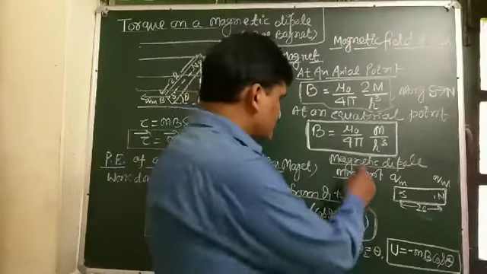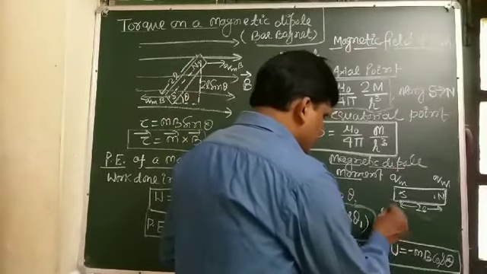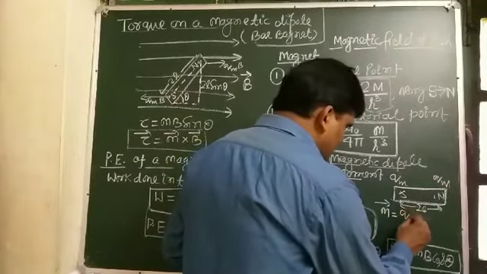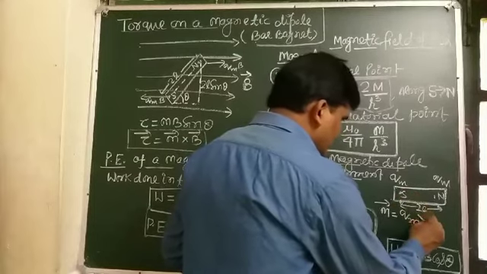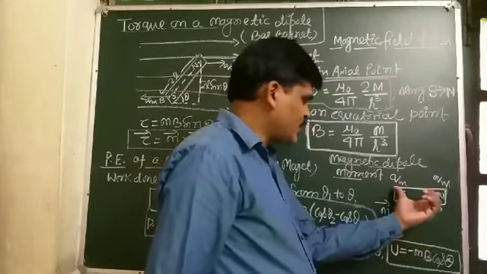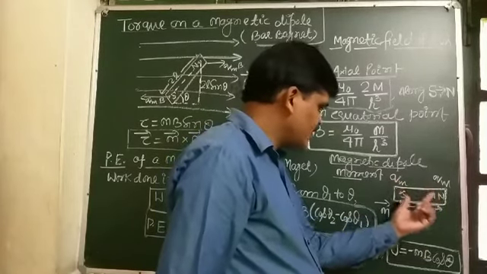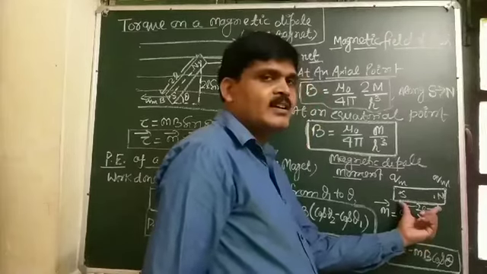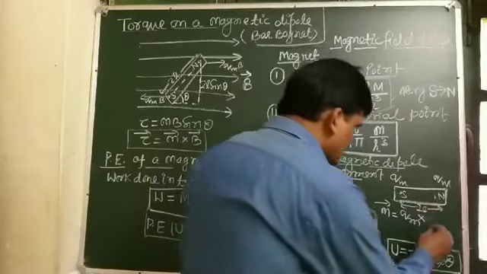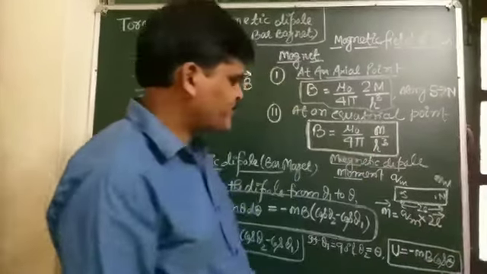In the same way, the magnetic dipole moment is defined as the product of the magnitude of either pole strength and the magnetic length, or separation between the two poles, which is 2l.